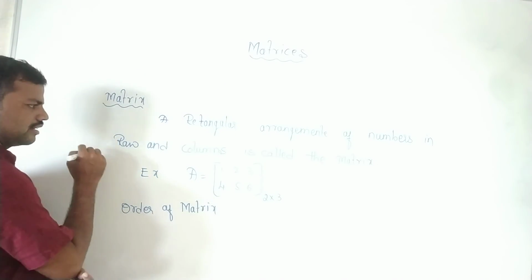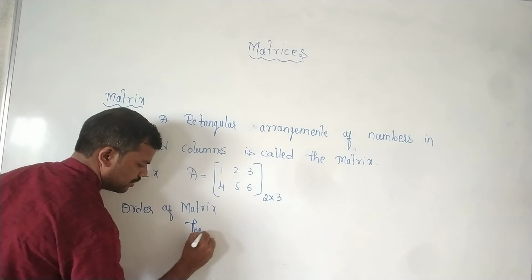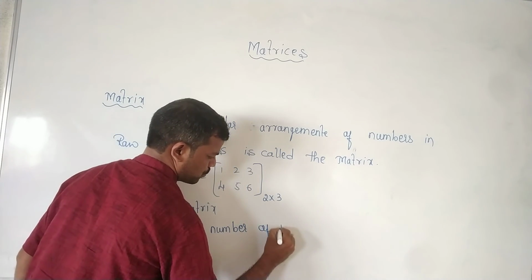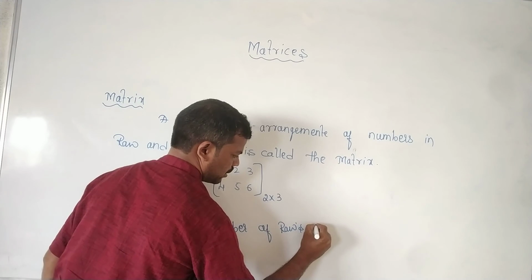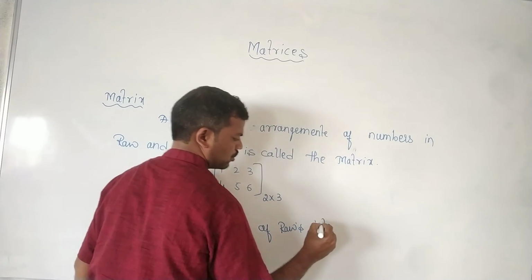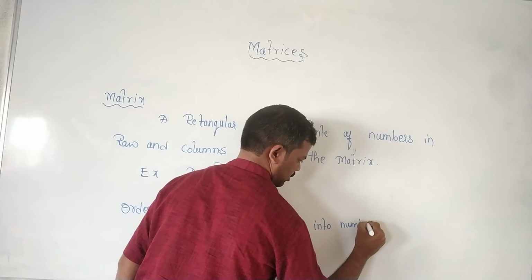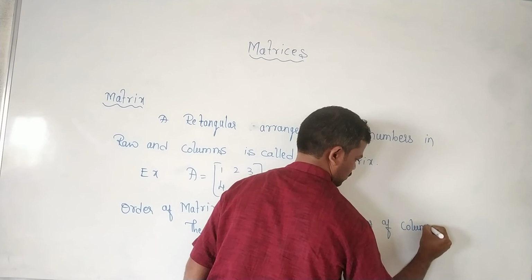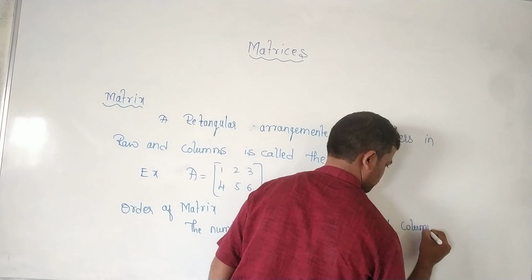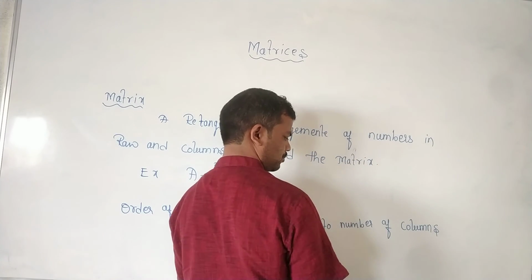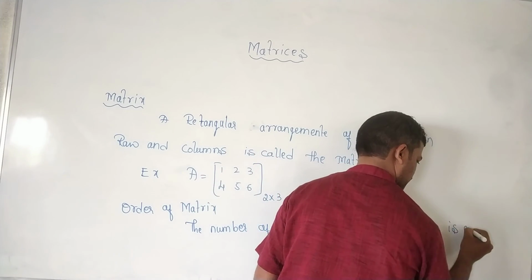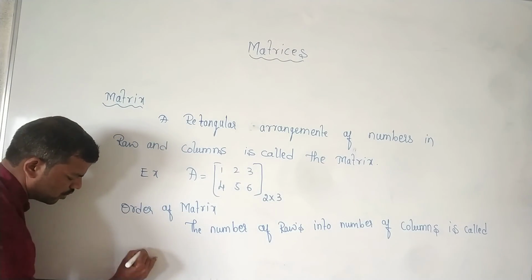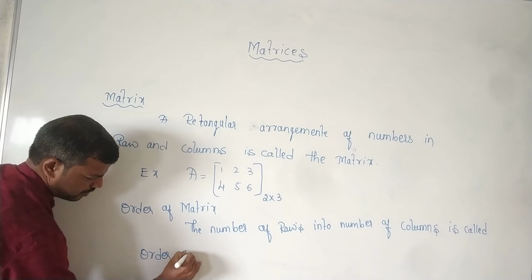The order of the matrix means the number of rows into the number of columns. How many rows are there? 2 rows. How many columns? 3 columns. So this is 2 cross 3, called the order of the matrix. The number of rows into the number of columns is called the order of the matrix.